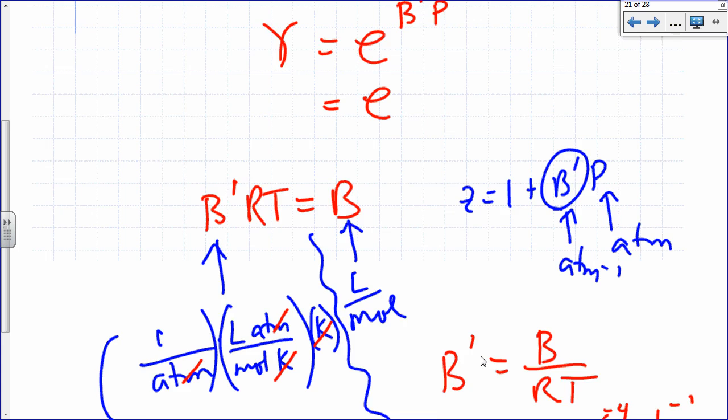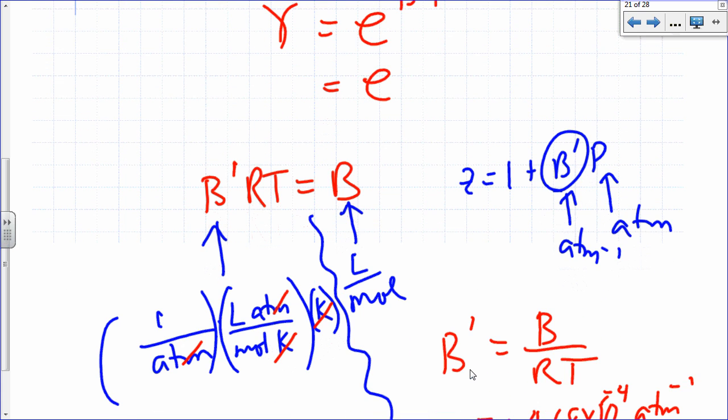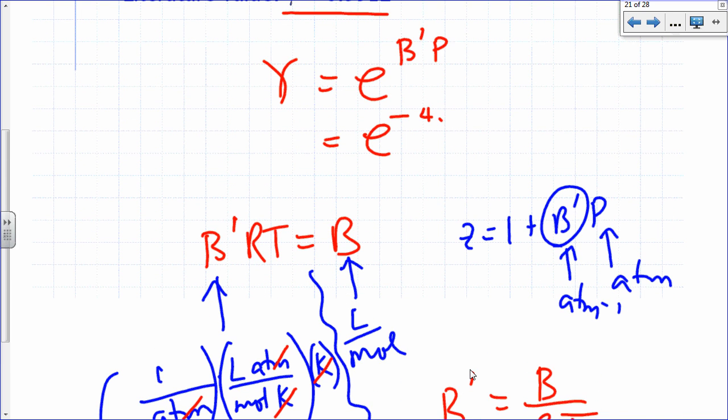So how do I solve for gamma? I multiply B prime times P, so e to the negative 4.68 times 10 to the negative 4 per atmosphere times 50 atmospheres.